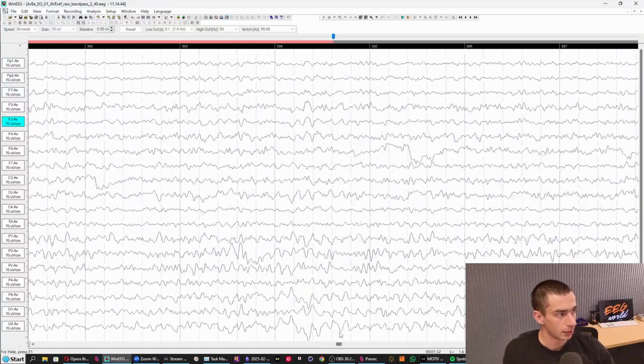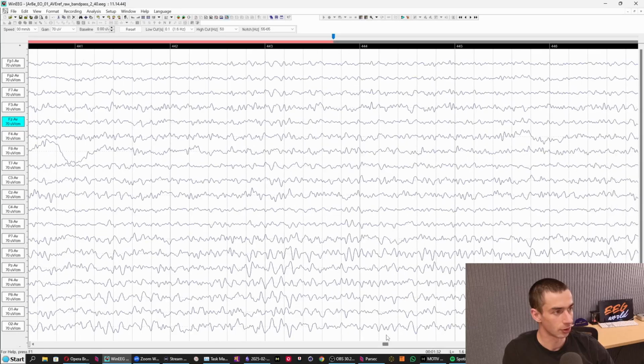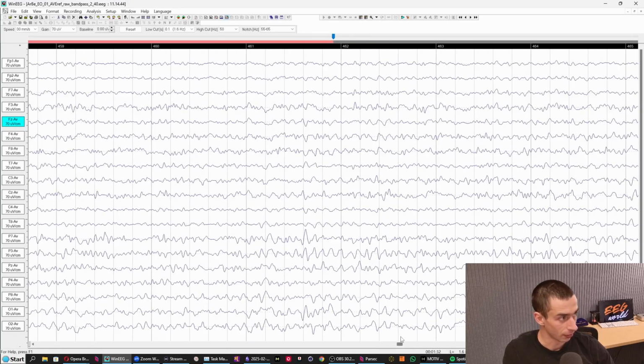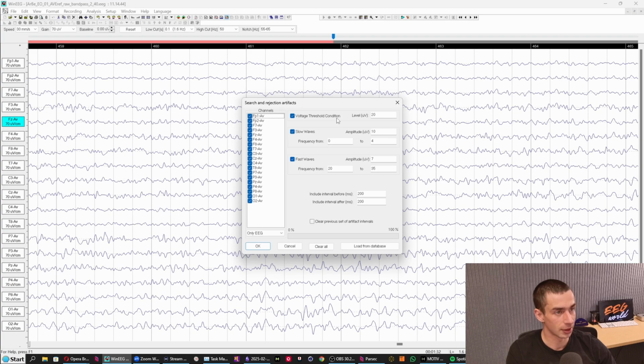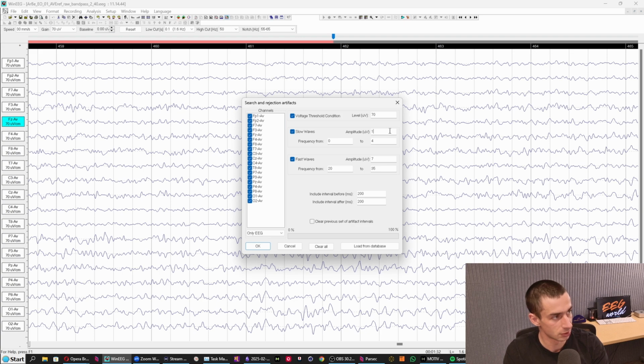So now we can set some filter parameters for our voltage threshold artifact rejection, which means we click on Mark Artifacts and we tell the software to sort of snip out anything that is larger than particular amplitudes.